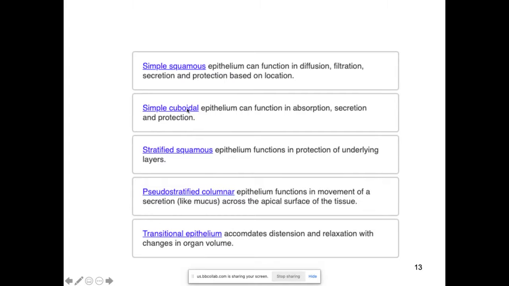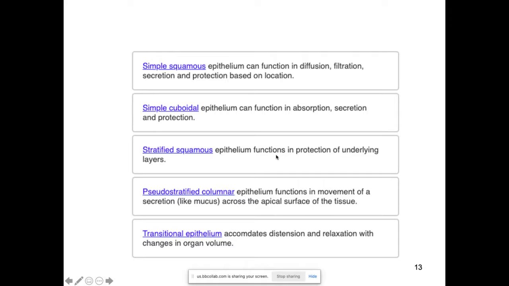Simple cuboidal. When we hear cuboidal and simple cuboidal, I'm thinking the kidney tubules. Absorption, secretion, and protection. When we talk about stratified squamous, not simple, stratified, right? Simple squamous, it's a lot easier for something to diffuse through one cell layer thick, but when it's stratified squamous, I think the epidermis.